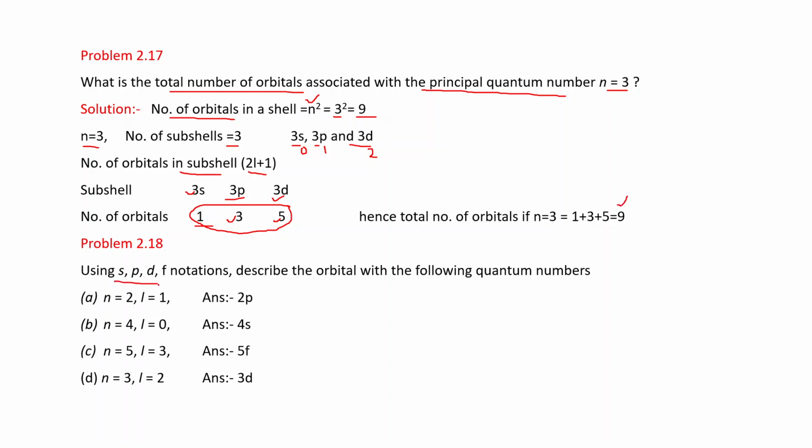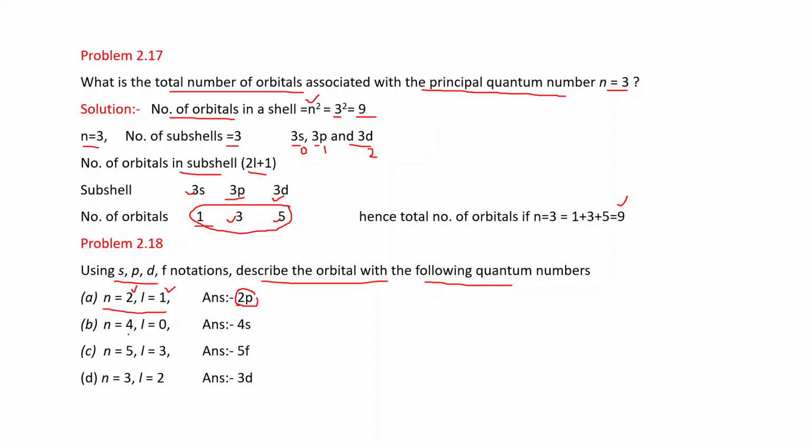Using spdf notation, describe the orbital with the following quantum numbers. Okay, you have to designate the orbital if they have these quantum numbers. If n is equal to 2 and l is equal to 1, it means this is the second shell, and l equal to 1 means p subshell. That's why this is 2p.